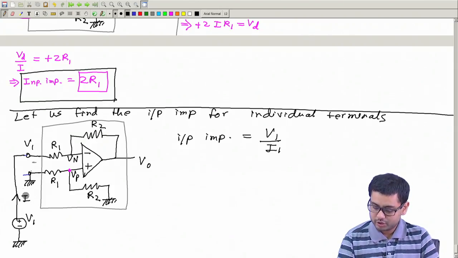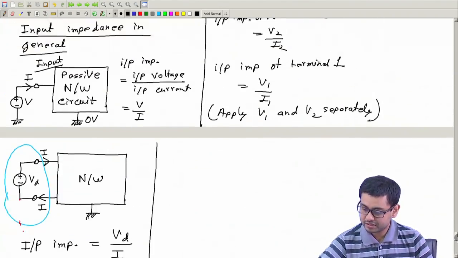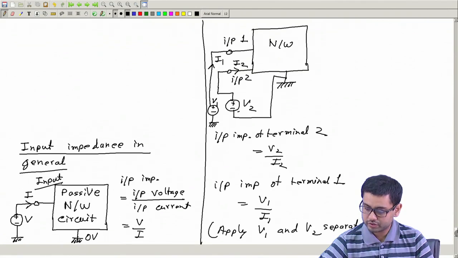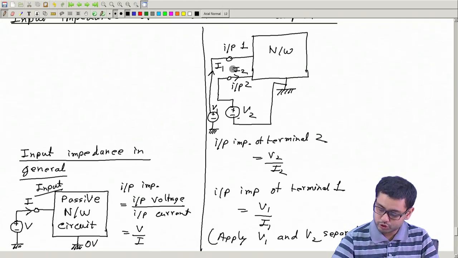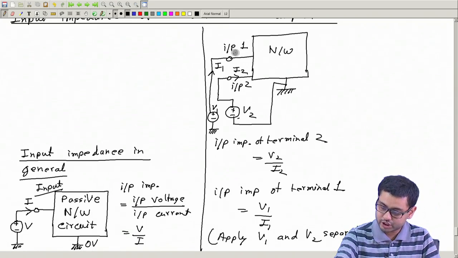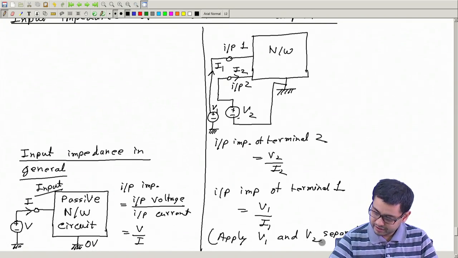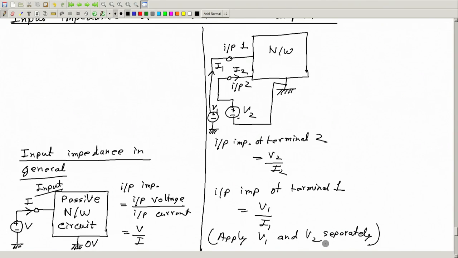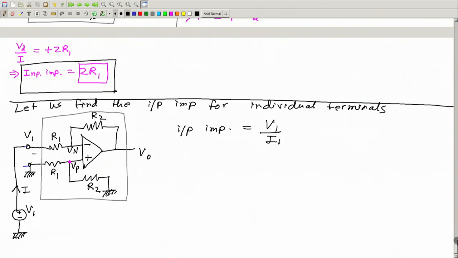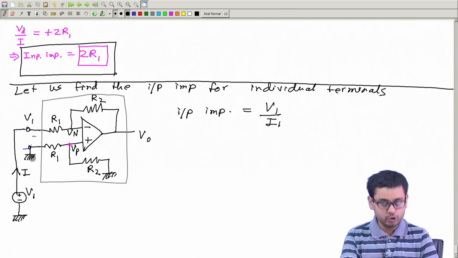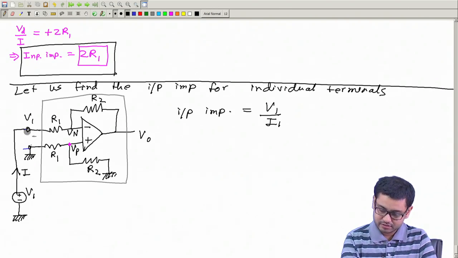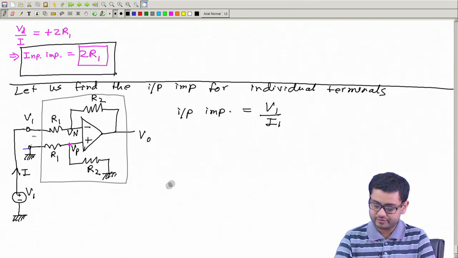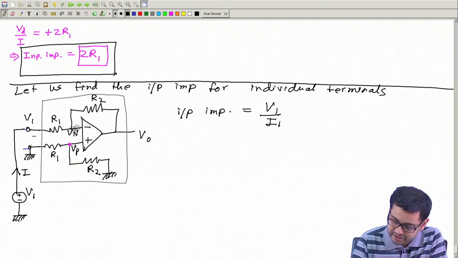Okay, so I told you in general, when talking about a network which has multiple inputs, and we want to find the input impedance of each terminal, we should apply input voltages one at a time. So I connect the other input to 0, so no voltage is applied there. So now let us find this current, and then you can find the input impedance. So how much will be this current?